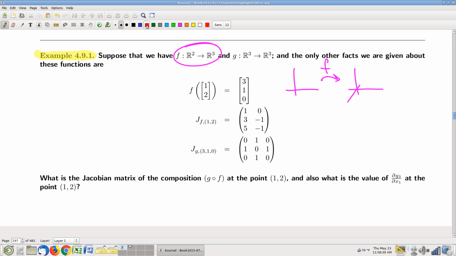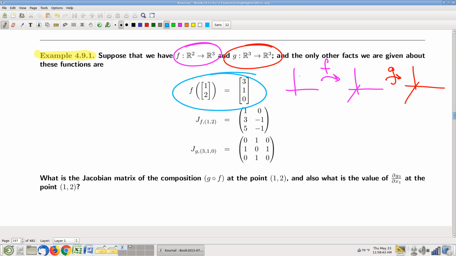And then g goes from R3 to R3, like that. f of (1, 2) is (3, 1, 0). Okay, so there's a little diagram of our setting here.